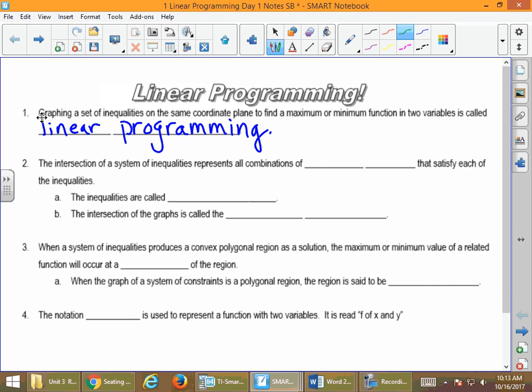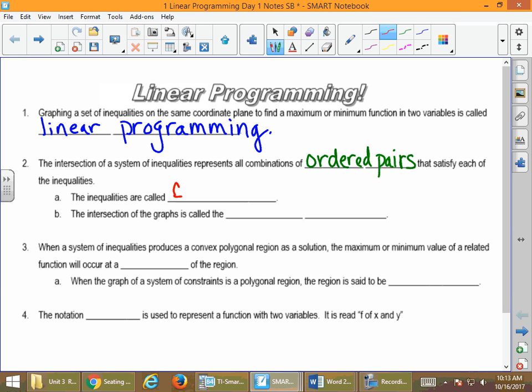The intersection of a system of inequalities represents all combinations of ordered pairs that satisfy each of the inequalities. And the inequalities have a special name.